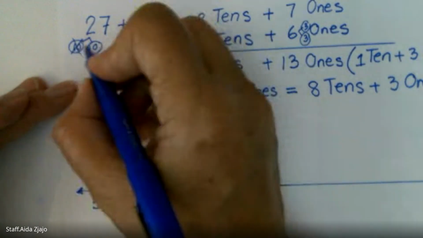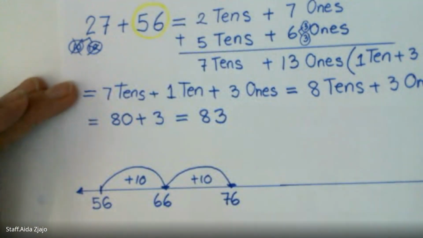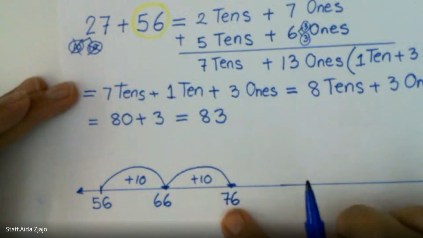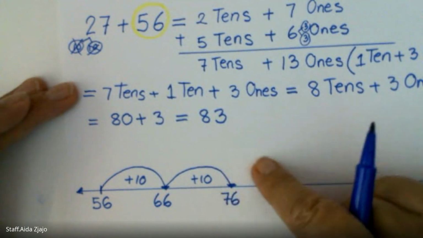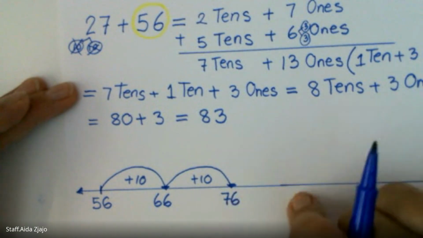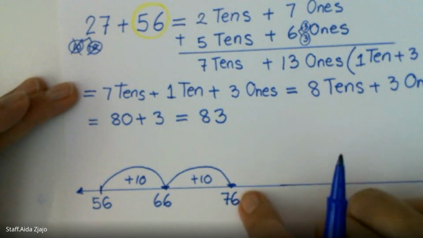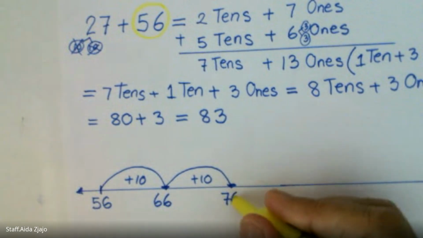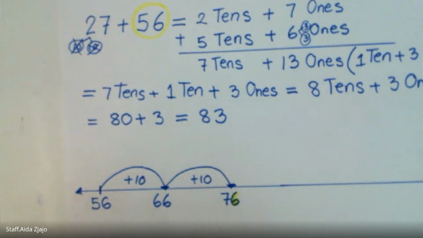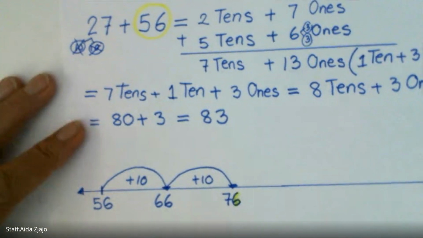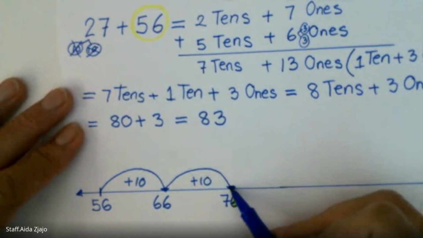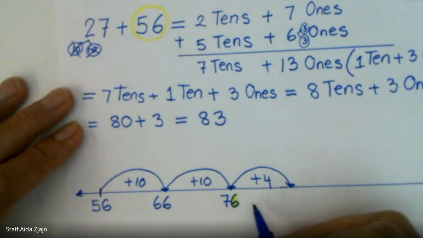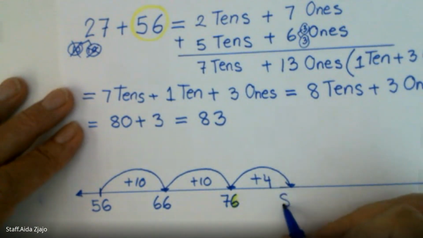So I add another 10. Now I need to add 7 ones. I have 76, and I need to add 7 more. So I can count on, I can add 7, or I can think, make 10. I have 6 here, so I need 4 more to make a 10. So I'm going to add 4 more, and that will make me 80.